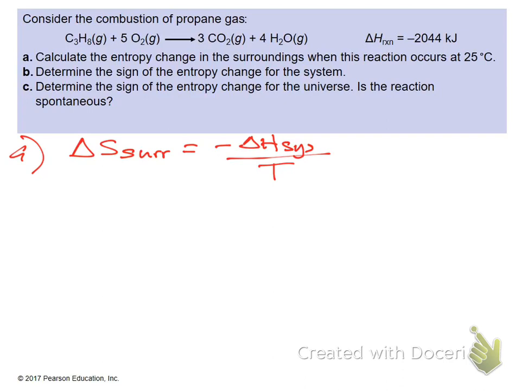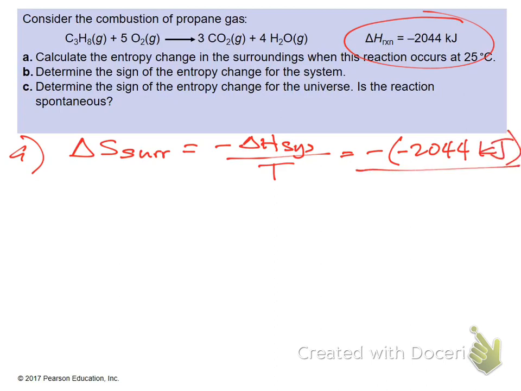Okay, so we have delta S surroundings equal to the negative of the change in enthalpy for the system divided by temperature. We're given the value of delta H reaction here, which is the delta H of the system. So that's equivalent to the negative of negative 2044 kilojoules divided by the temperature in kelvins. We're given the temperature here, 25 degrees Celsius.